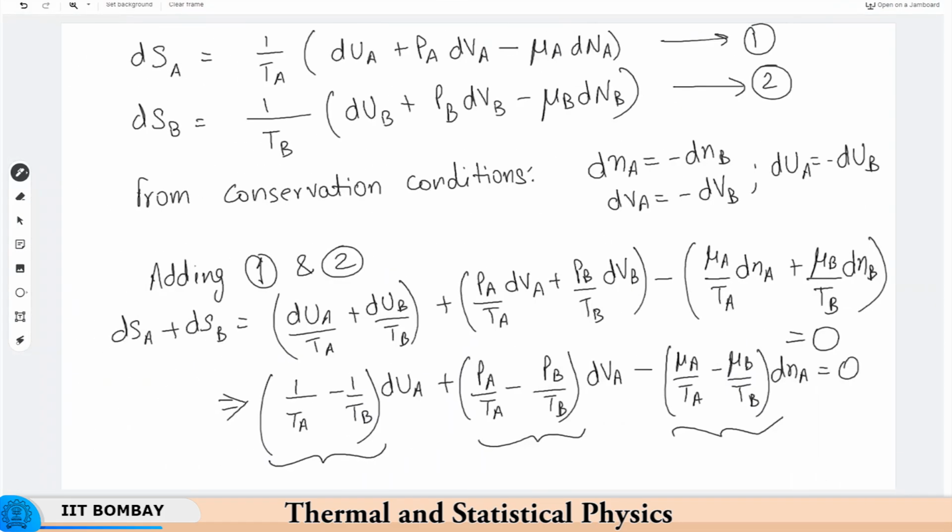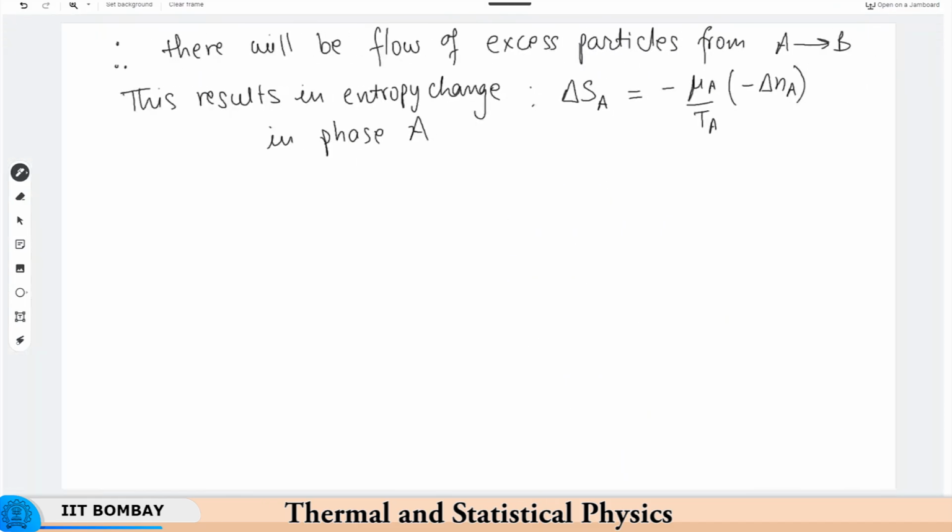I am using this term: the change in entropy contribution due to change in number of particles is minus mu divided by T times the change in number of particles. So, this is minus mu A divided by T times the change in number of particles, which is minus delta N A. These particles are leaving the system, so it acquires a negative sign.